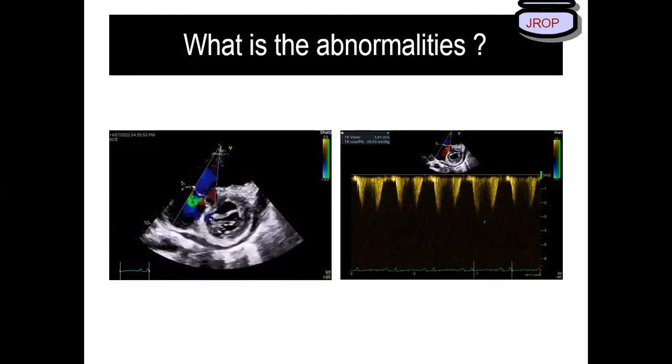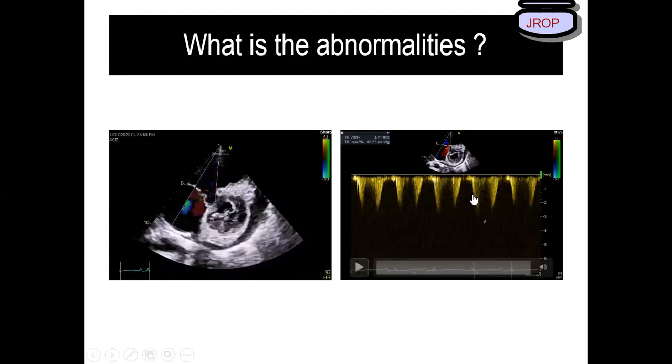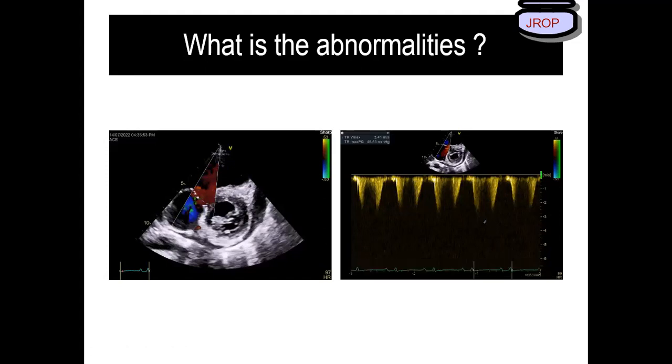Second important thing is to look at the contour of the TR jet. Look, this is tongue shaped. If it becomes sharper with a shorter acceleration time and longer deceleration time, then it becomes a severe TR jet with low gradients.